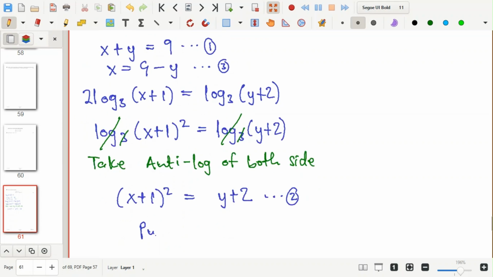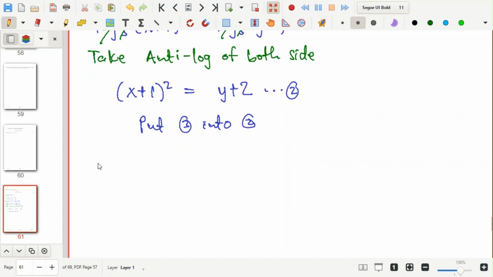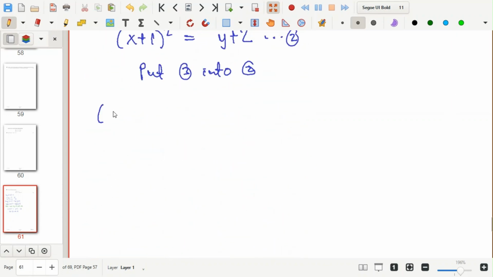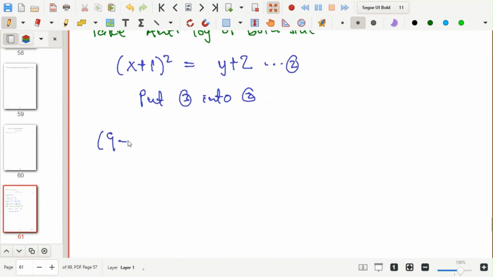So put 3 into 2. You say x equal to what? 9 minus y, plus 1, all squared. Now this is the same as 10 minus y all squared is equal to y plus 2.